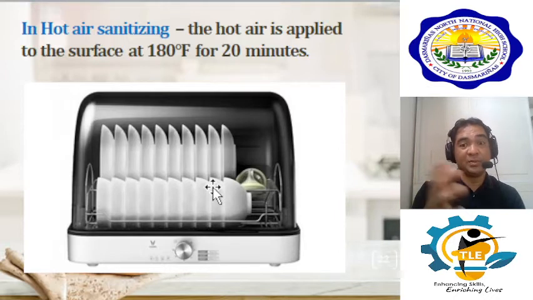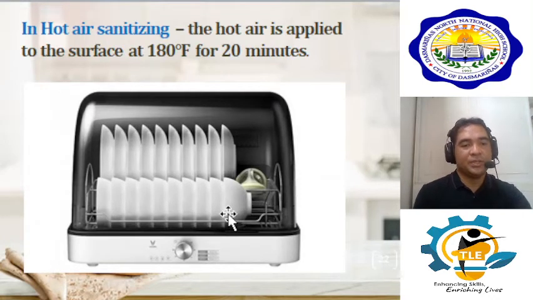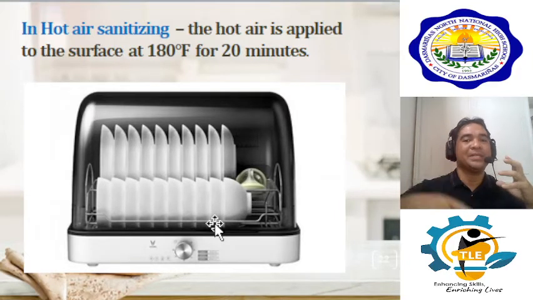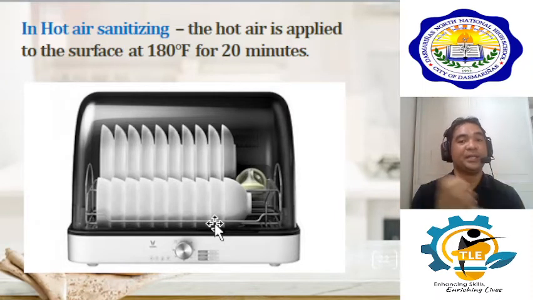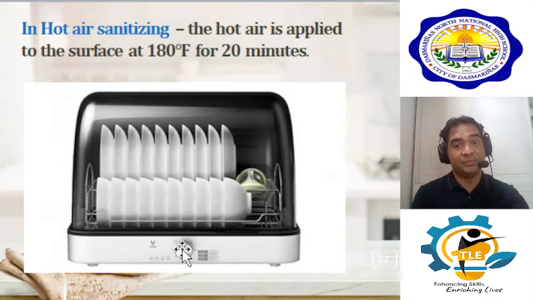It looks like a dishwasher, a compartment where you put your plates, spoons, or utensils, and then you cover it so it is locked and tight, so the hot air inside will not go outside. First, plug it in, and then turn the switch on to 180 degrees Fahrenheit for 20 minutes. And voila! After 20 minutes, you're finished sanitizing your utensils.